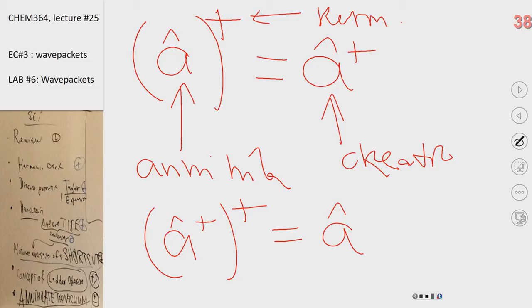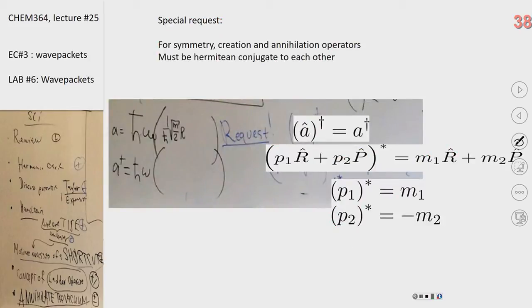And if we do require this Hermitian thing, then we can come up with simplifications that the first coefficient in front of position will be the same, and the second coefficient in front of momentum will be the same with a minus sign.